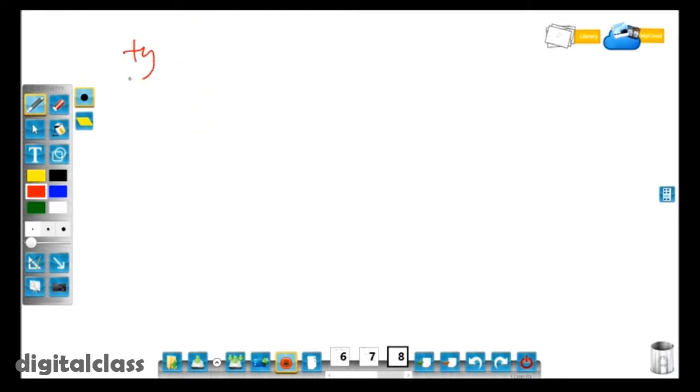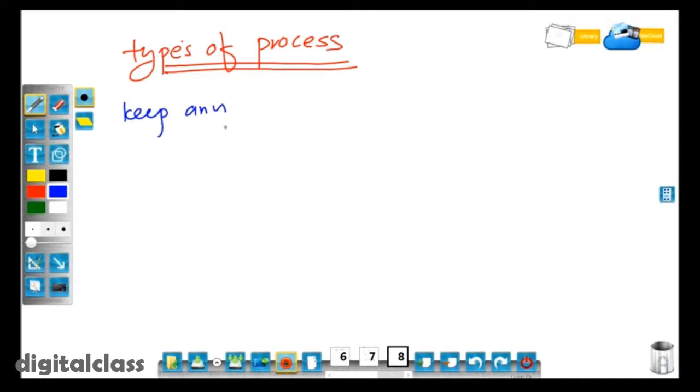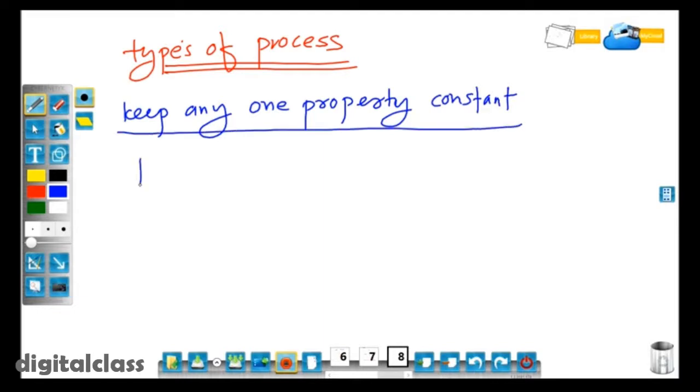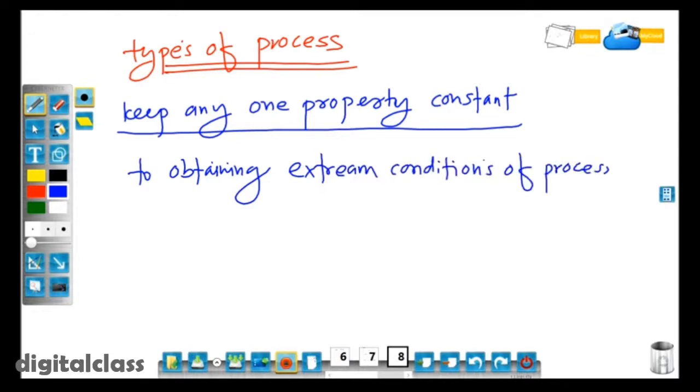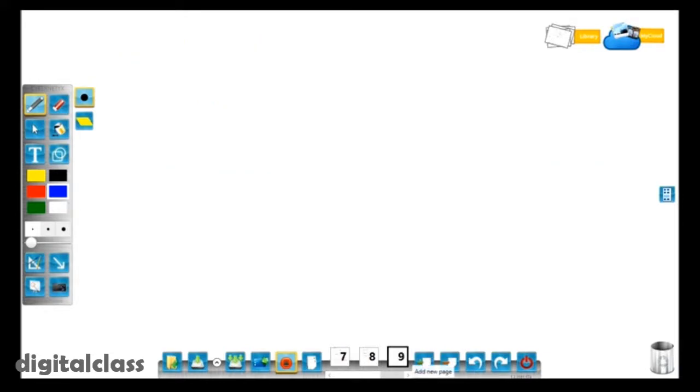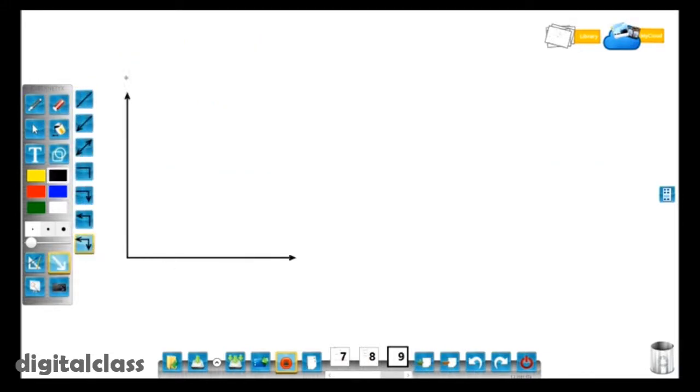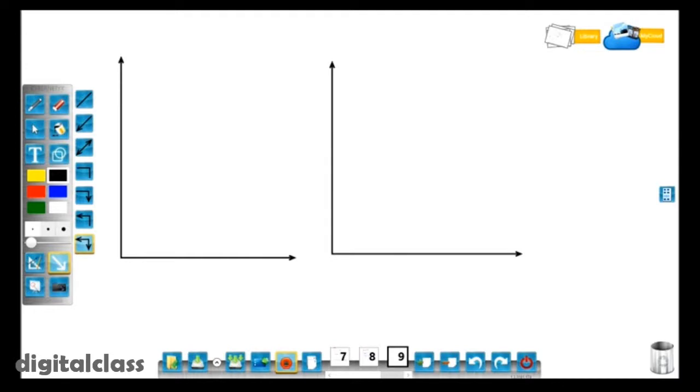Now, different types of thermodynamic processes. We keep any one property constant. We have seen that there are 4 main properties, and to obtain extreme conditions we keep any one property constant.